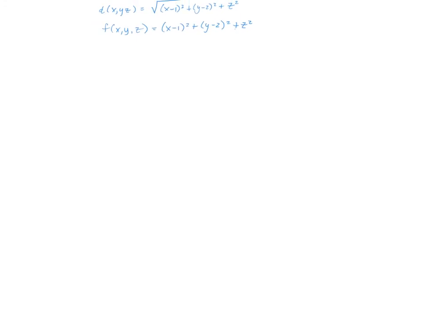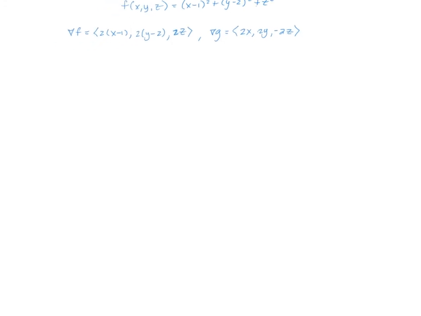I'm going to compute my gradients. The gradient of f is going to be 2, and I'm going to leave the x minus 1 in parentheses, 2 parentheses y minus 2, 2, that's not a z, that's a 2 times z. The gradient of g is simply 2x, 2y, and here we have the negative 2z as we set that g function equal to 0.